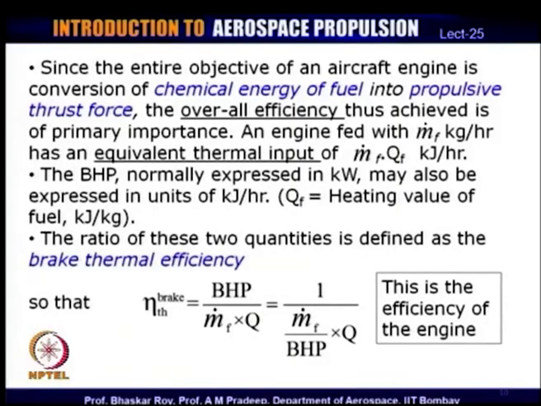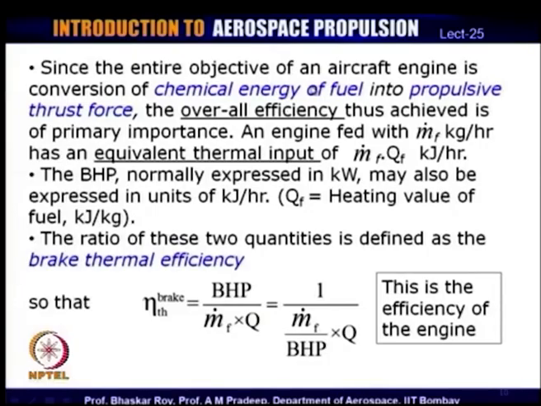Okay. Since the entire objective of an aircraft engine, the IC engine or the piston engine that we are looking at, is fundamentally to convert the chemical energy contained within the fuel finally into propulsive thrust, the input to the engine is the fuel, which has chemical energy contained within it.